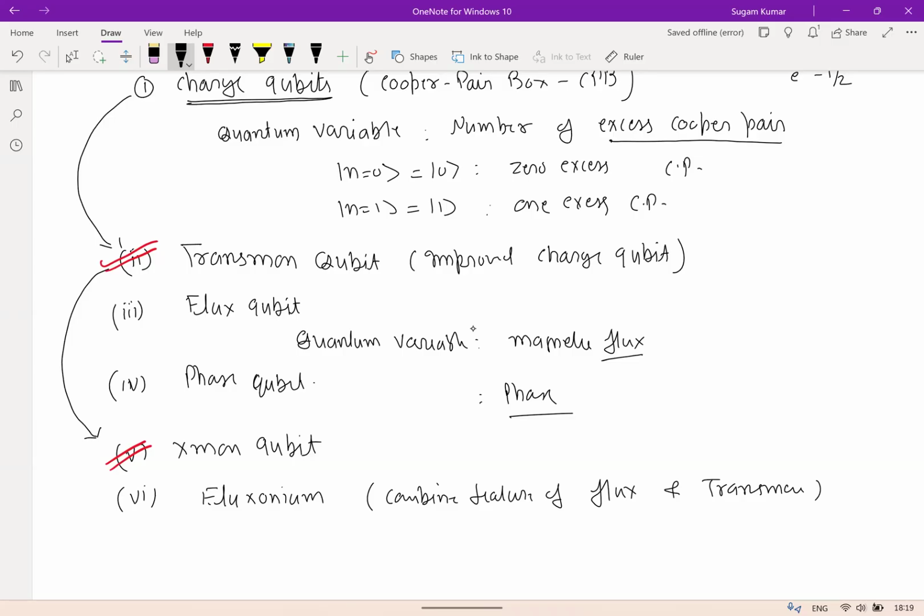But this is still, I think, in the lab frame. I mean, in the laboratory only. It has not yet been realized.